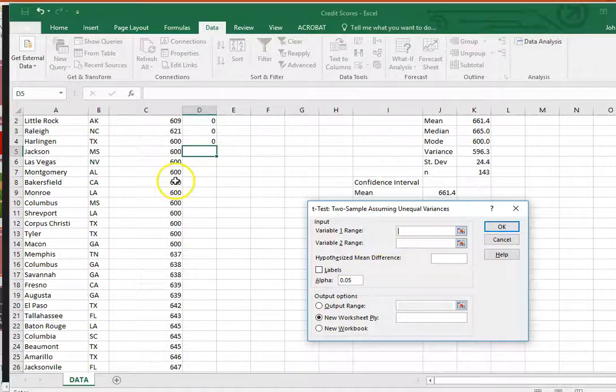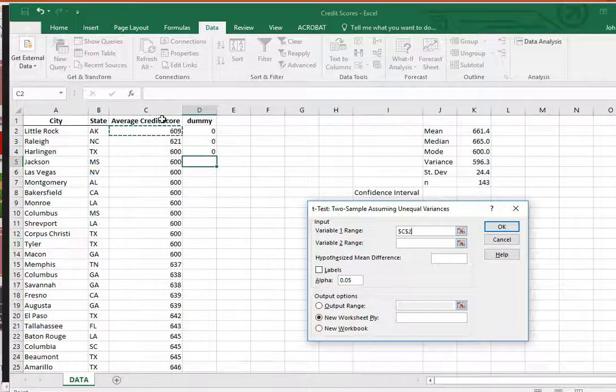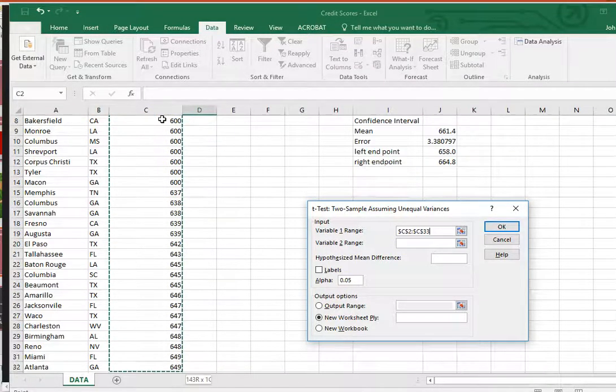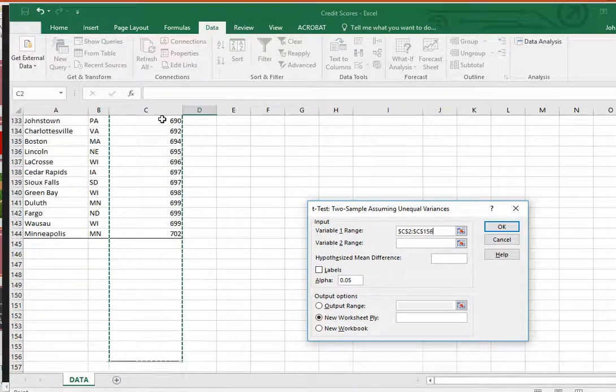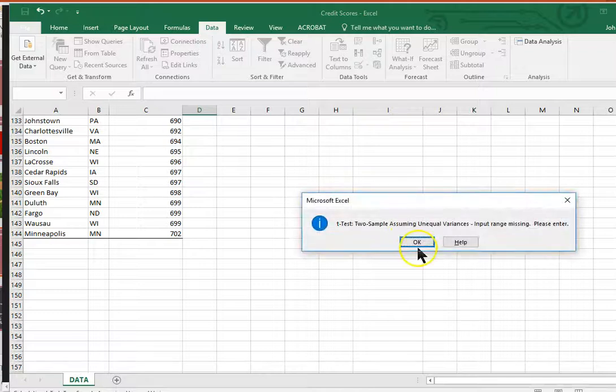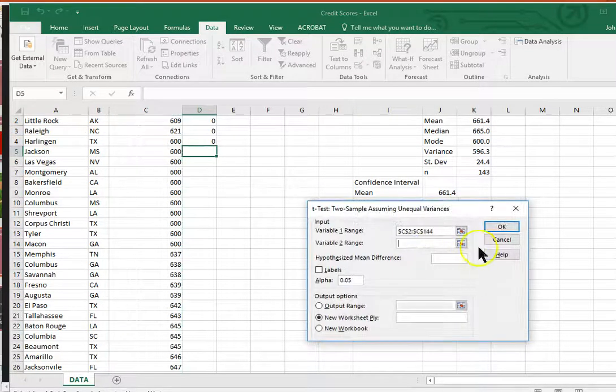My data 1 is going to be right here, all of these. That's my first variable. And then my variable 2 is going to be these. My hypothesized mean difference, would we say it was 700?